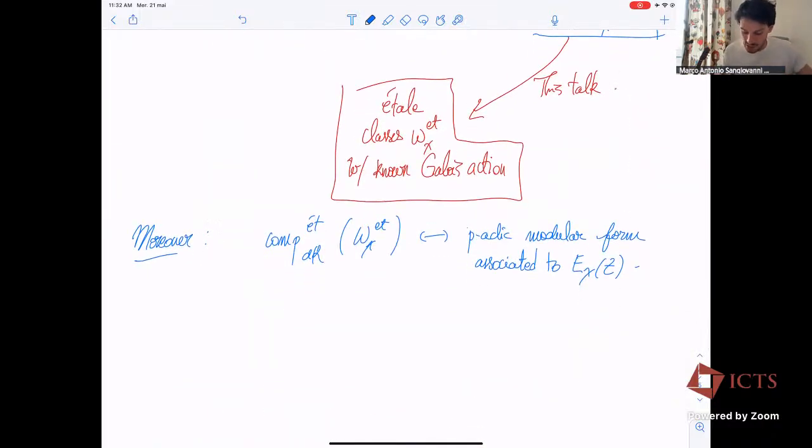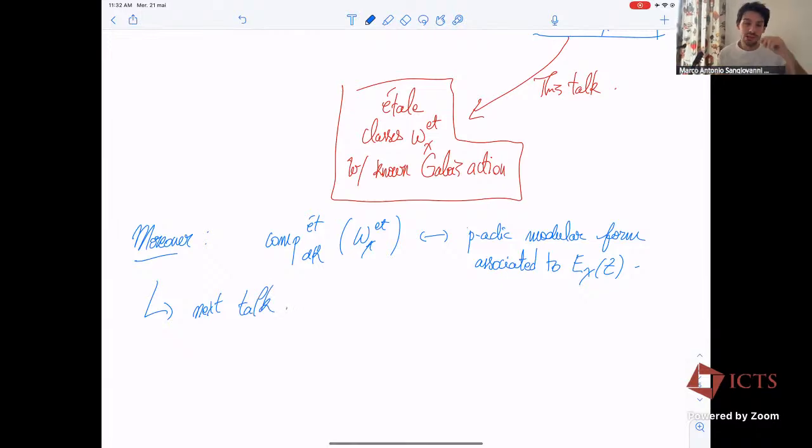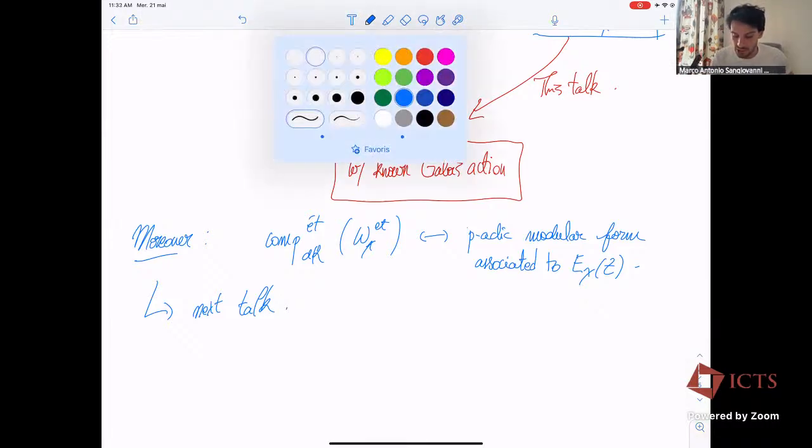So you want to relate, at least locally, the local de Rham class to the p-adic modular form that's underlying EKZ. Okay, and this will be done in the next talk because it's closely related to the integrality properties of omega chi et al. So in this talk we will only define a class.